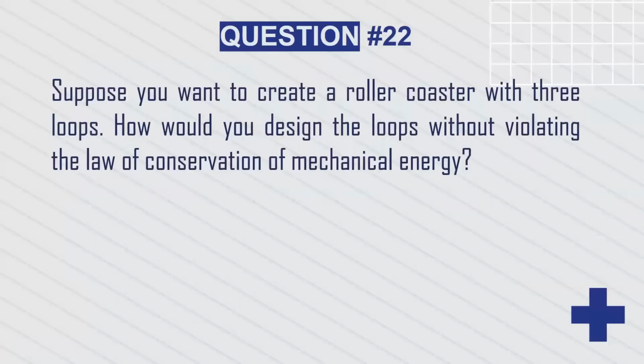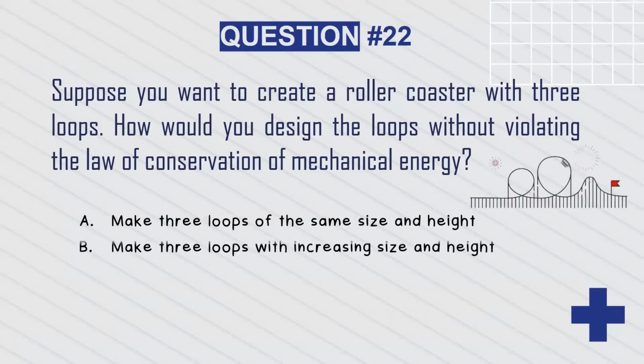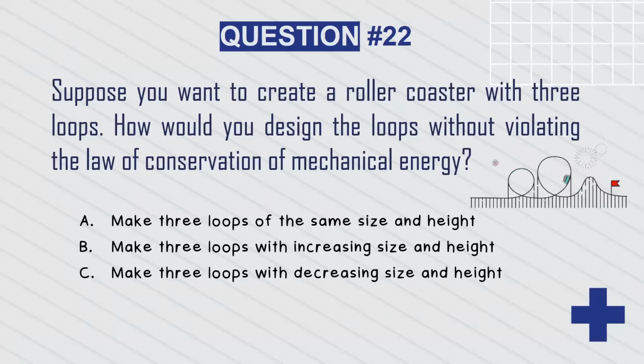Suppose you want to create a roller coaster with 3 loops. How would you design the loops without violating the law of conservation of mechanical energy? A. Make 3 loops of the same size and height. B. Make 3 loops with increasing size and height. C. Make 3 loops with decreasing size and height.